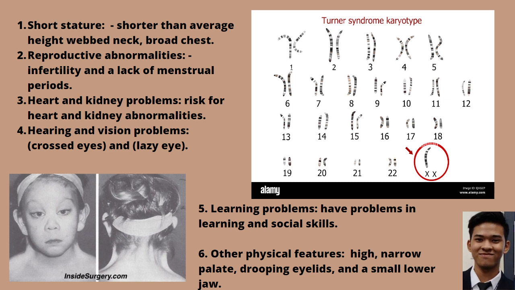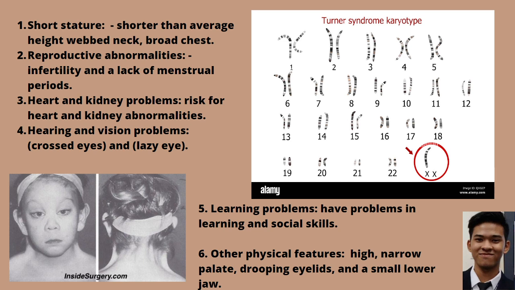Third, heart and kidney problems. Individuals with Turner syndrome may be at increased risk for heart and kidney abnormalities. Fourth, hearing and vision problems. Turner syndrome can cause hearing loss and problems with vision, including strabismus, which is cross eyes, and amblyopia, which is lazy eye. Fifth, learning and behavioral problems.